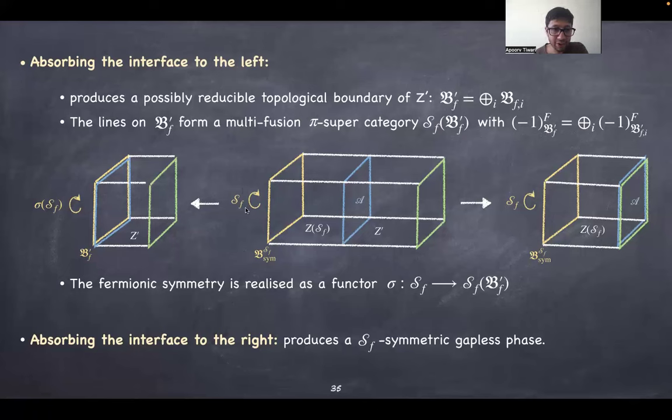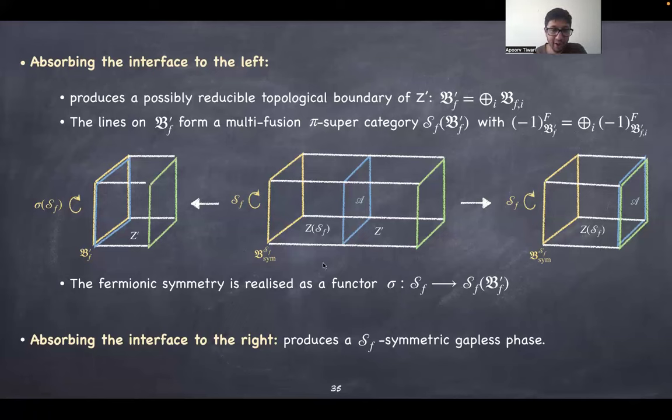And using the SymTFT, we can deduce how the symmetry SF acts on this decomposable boundary. It's realized as a functor from SF to, I'm calling this multi-fusion category, SF of BF prime. So this is a functor from SF to SF of BF prime. The way this is deduced is as follows.